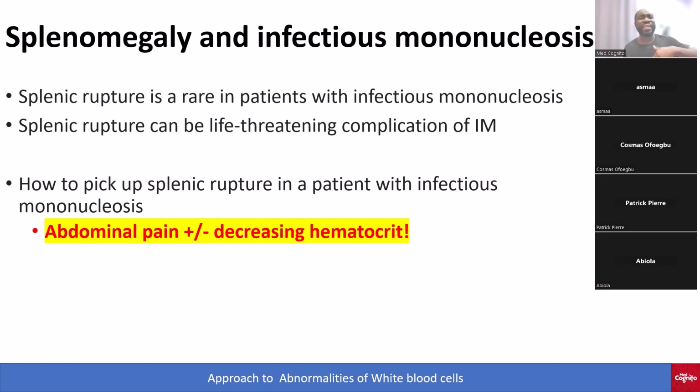Now, I'll go further and tell you that when we did the monospot test, it was positive. So if the monospot test is positive, then it is not HIV, not cytomegalovirus, not toxoplasmosis. But then I've gone further to tell you that the patient has abdominal pain and the hematocrit is critically low. Sore throat plus abdominal pain plus low hematocrit.